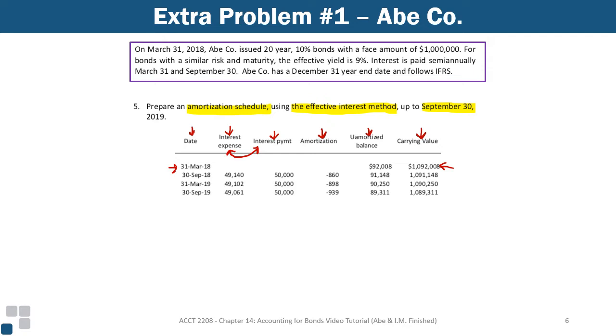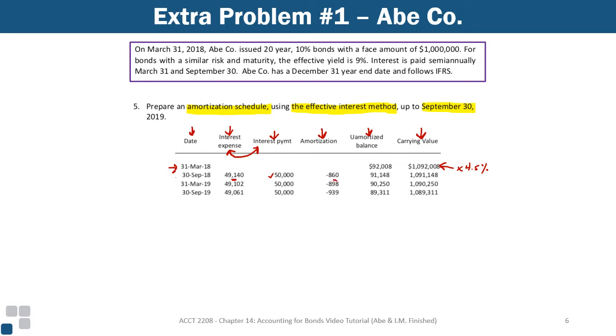Then, after the first payment on September 30th, 2018, you've got a $50,000 payment. The interest expense is calculated as the carrying value times the interest rate of 4.5%. If we take this times 4.5%, you will get $49,140.